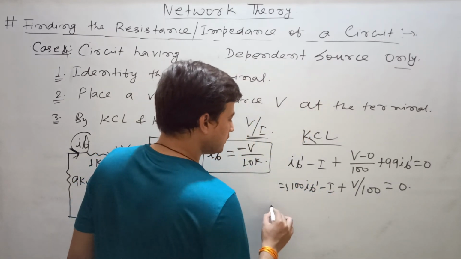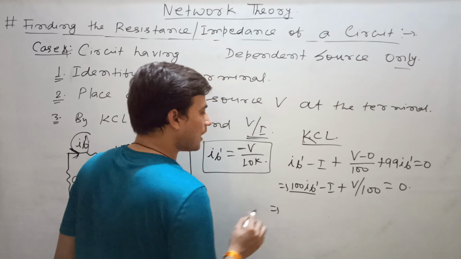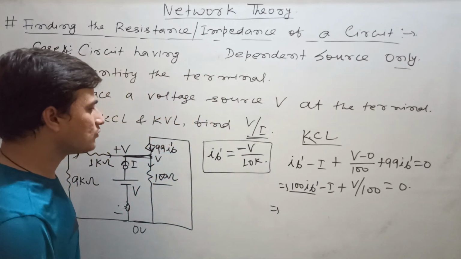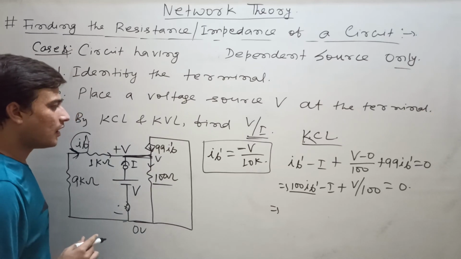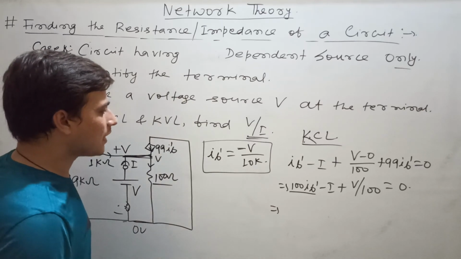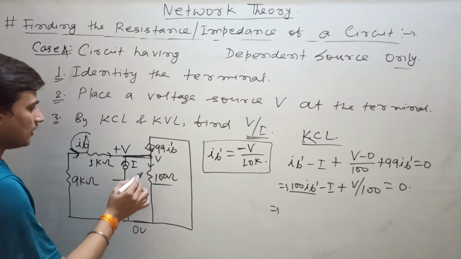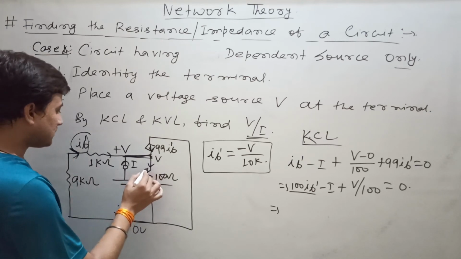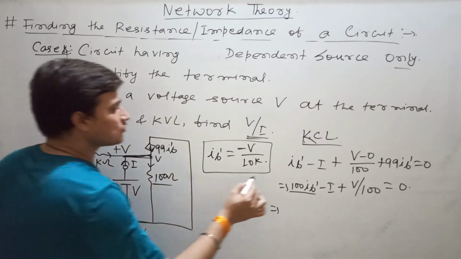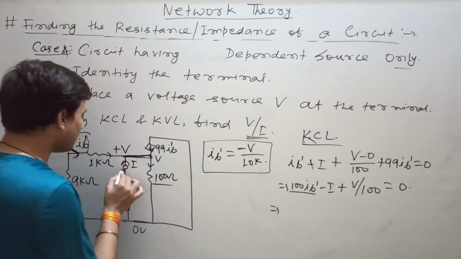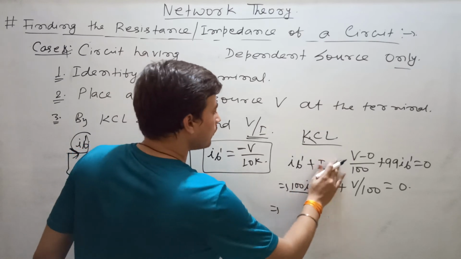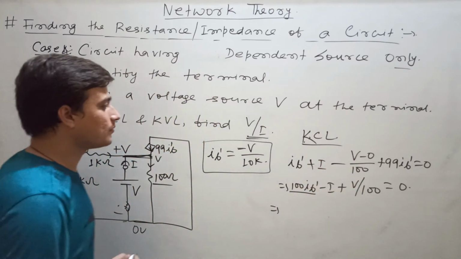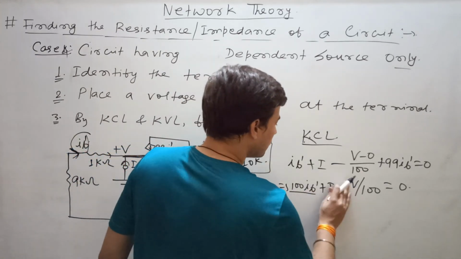Now what about 100 IB dash? One more thing: this is an outgoing branch. All the incoming branches are positive, and the outgoing branch is negative. The outgoing branch you have taken here is negative.